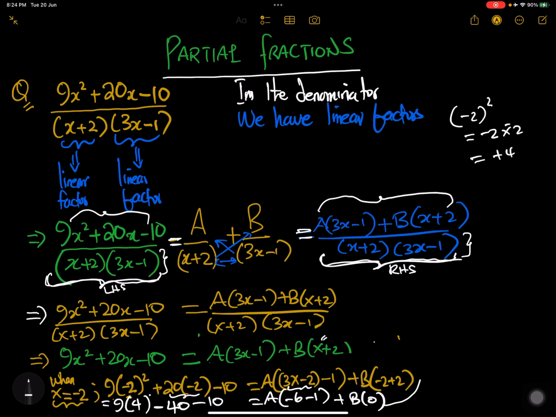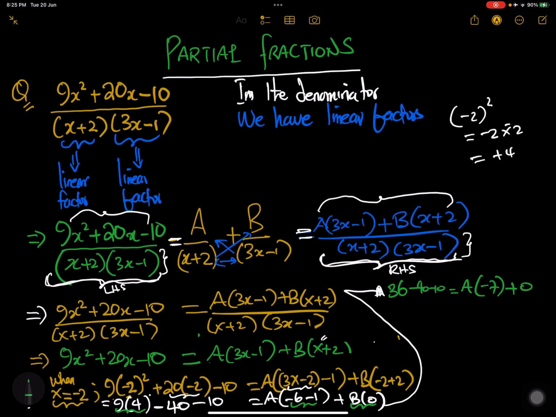And then from there, the left-hand side is going to give us 36, because 9 times 4 is 36, and then minus 40 minus 10. And that's going to give us a into -7, because -6 minus 1 is -7, plus 0. B times 0 is 0.